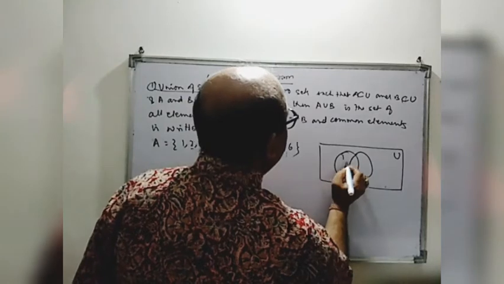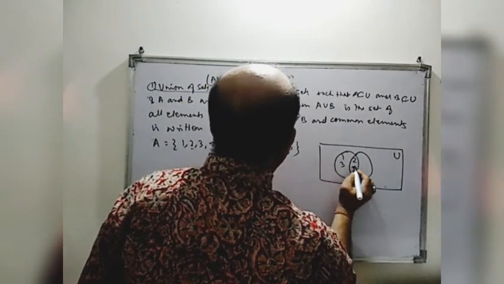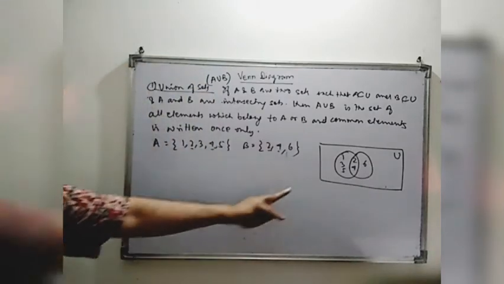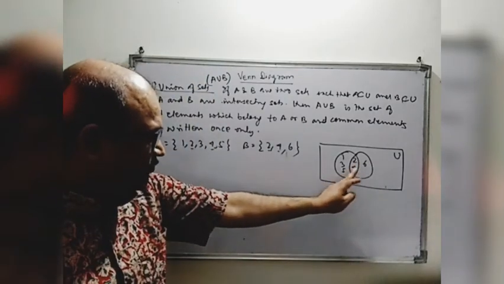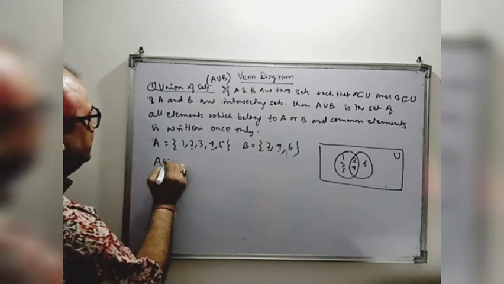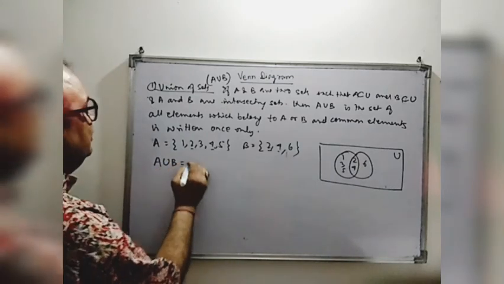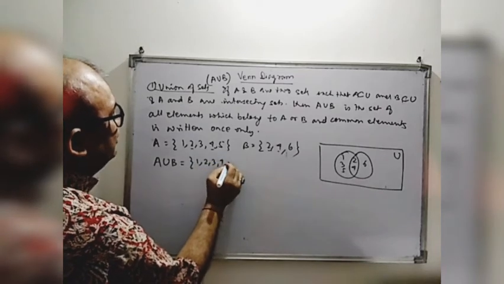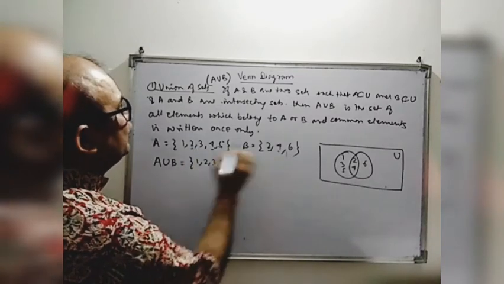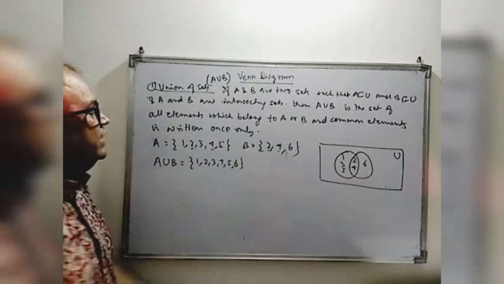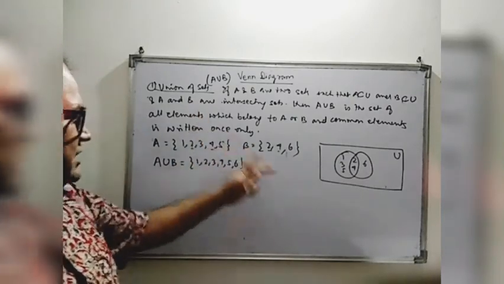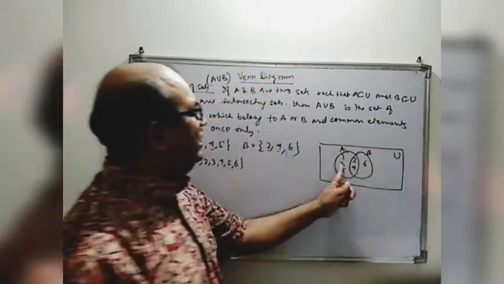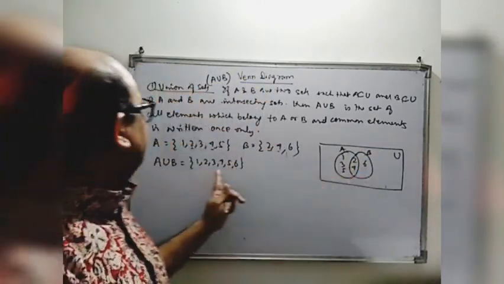So A union B will be 1, 2, 3, 4, 5, and 6, with 2 and 4 not repeated. So it consists of all elements either in A or B, but common elements are written once.